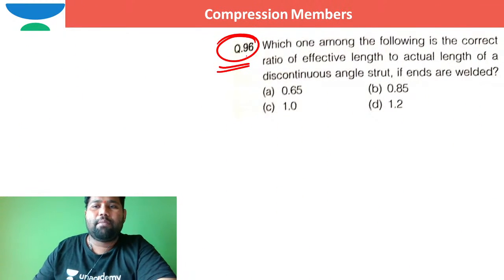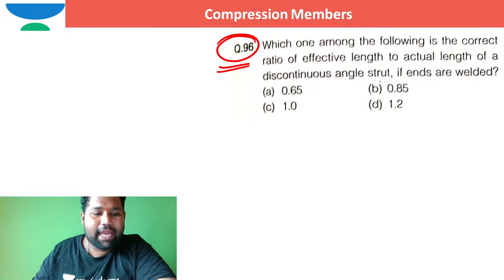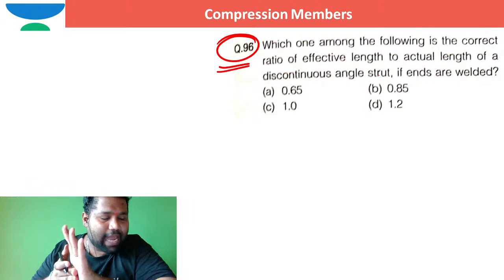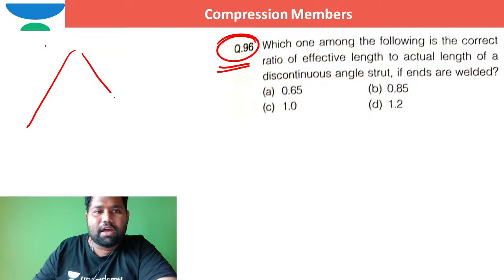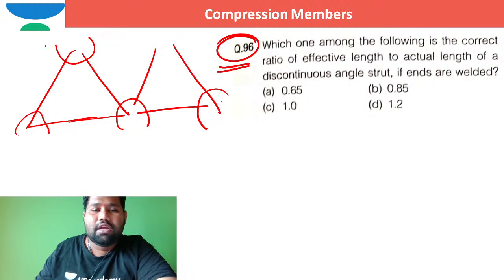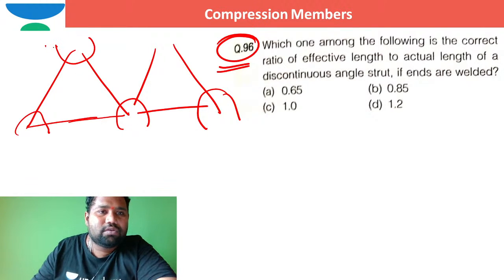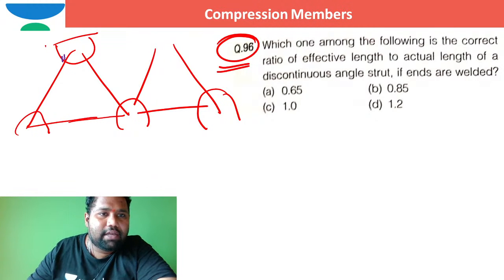Which one among the following is the correct ratio of effective length to actual length of a discontinuous angle strut? Suppose these are gusset plates, and all these are discontinuous angle struts.